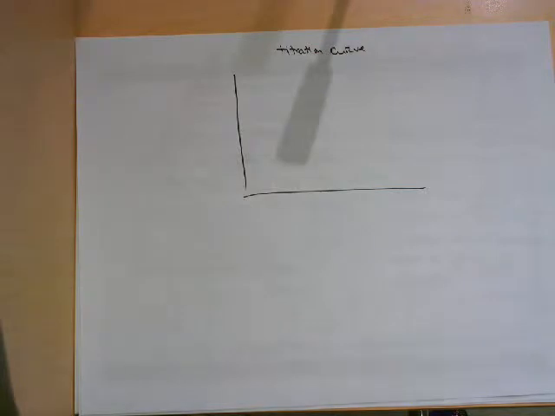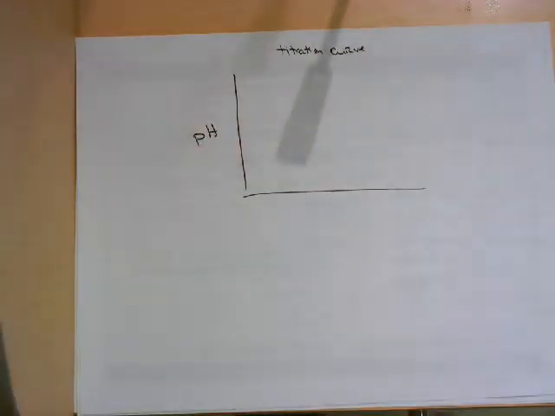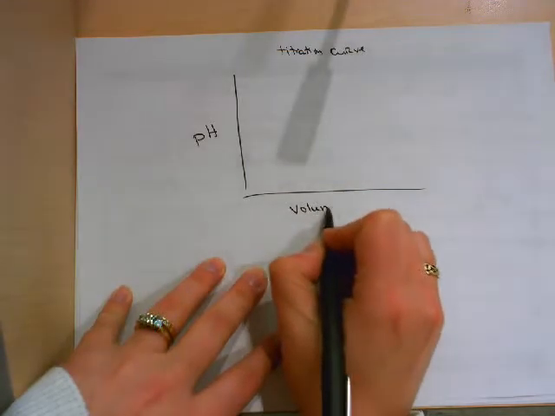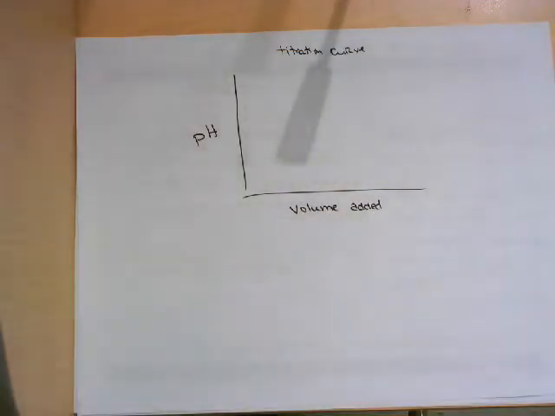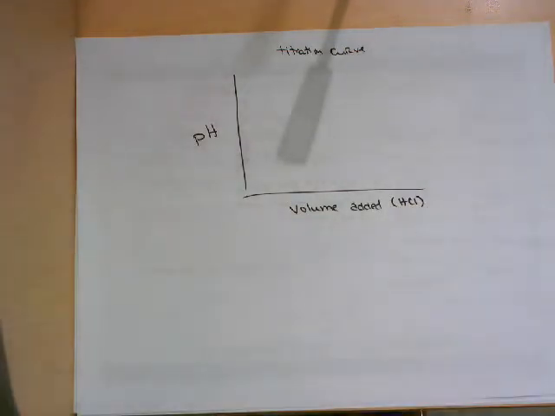Alright, so when you do a titration curve, pH is always on the Y. And for our class, volume added is going to be across the X. And obviously the volume added is going to be the thing that changed. So in our case, for this problem, it's volume of HCl added, right? That's the thing we are adding.